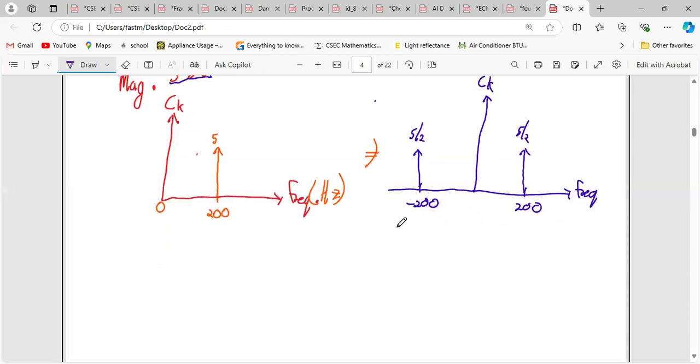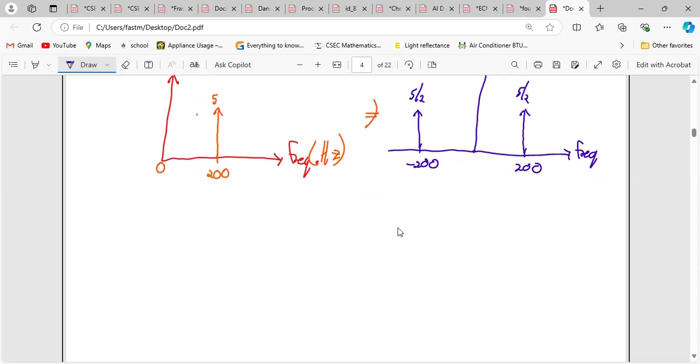So the magnitudes halve, and if it's double-sided, the frequencies will just mirror onto the negative side. It's going to be negative now, which is not practical, but you will appreciate this more when you do communication systems, which is 2001.